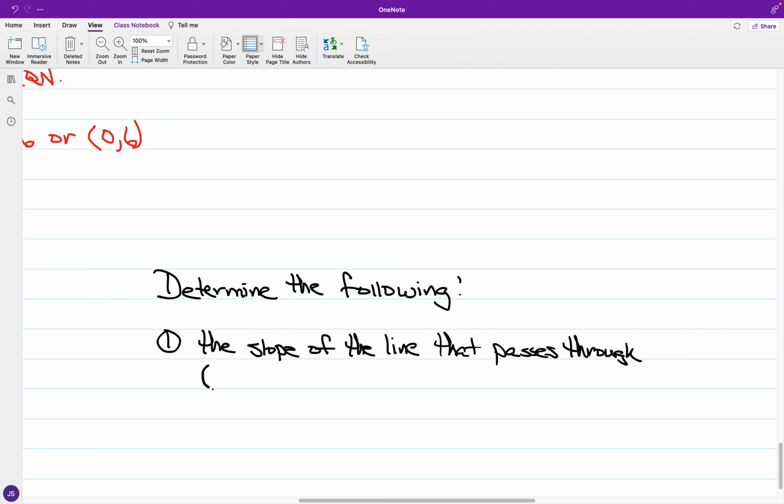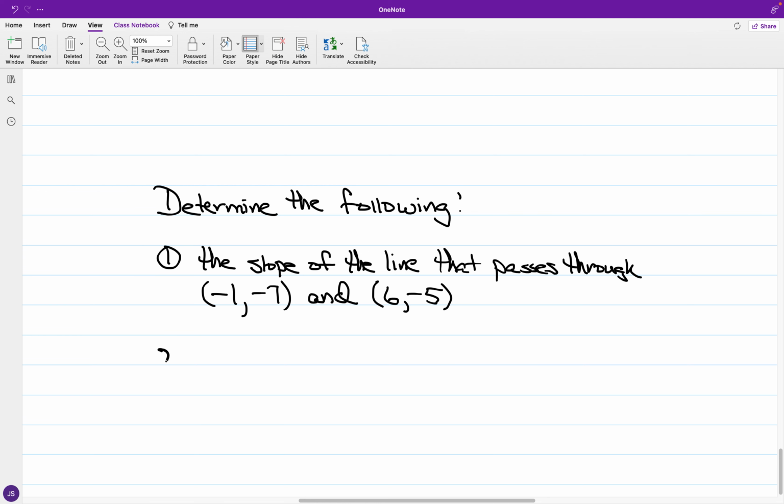We'll say that we have (-1, -7) and (6, -5). So in this one, just determine the slope, and then secondly, the slope-intercept equation.